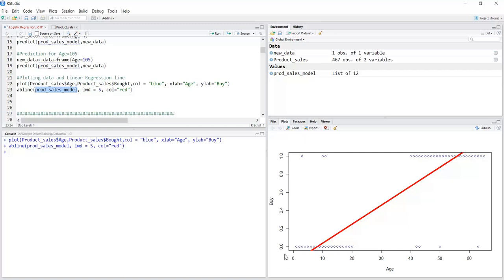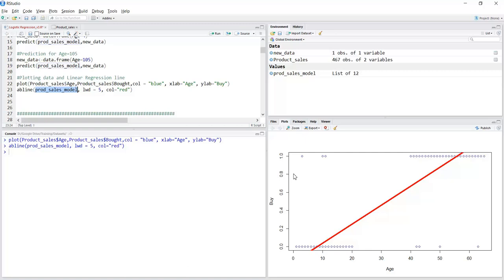The y variable here, buy, just takes two values, either 0 or 1: buying or not buying, yes or no, true or false. When the data is arranged like that, you can't force fit a linear regression line. So fitting a linear regression line for this type of data is wrong.